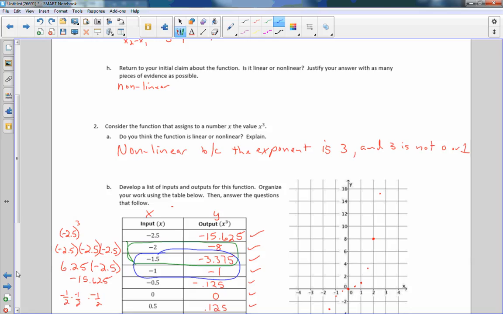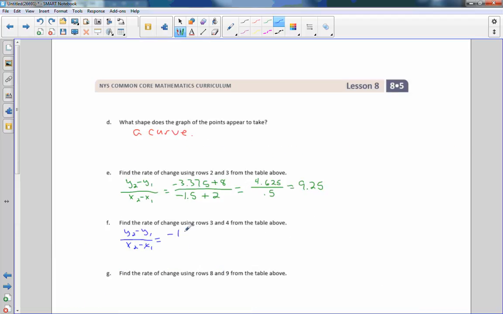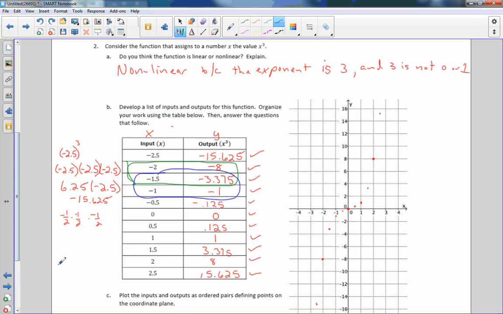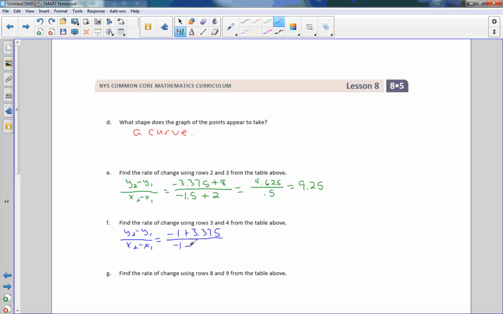And then we're going to use negative 1 plus 3.375 divided by, and my x2 is negative 1 minus a negative 1.5, which is plus.